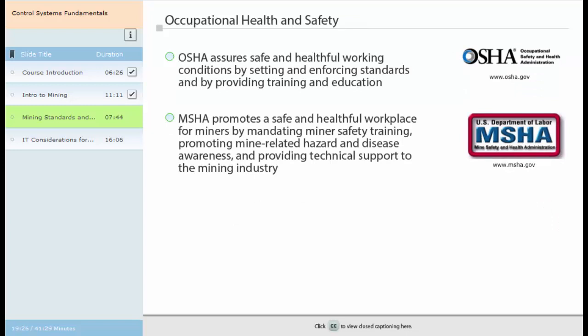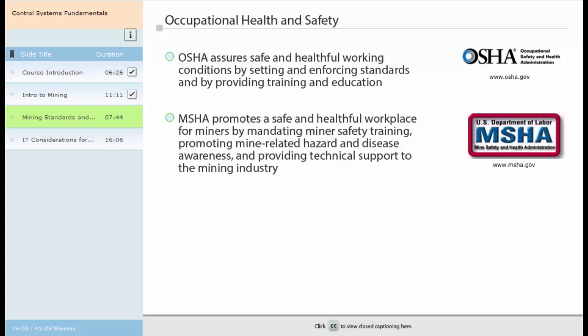In order to prevent injury, disease, and deaths from mine-related hazards, such as falling rock and debris, hazardous mineral dust, and prolonged intense exposure to noise, labor safety standards are set and promoted by the following associations. The Occupational Safety and Health Administration, or OSHA, is a U.S. Department of Labor administration dedicated to assuring safe and healthful working conditions by setting and enforcing standards and by providing training and education.